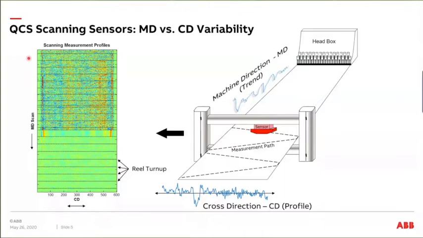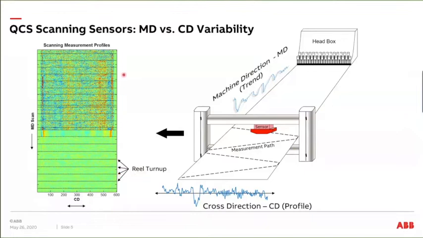The contour plot is helpful because it looks at the data in a color map, and the range of the colors gives you an idea of how, in this example, the weight measurement changes over time. The dashed lines represent the reel turn-ups.